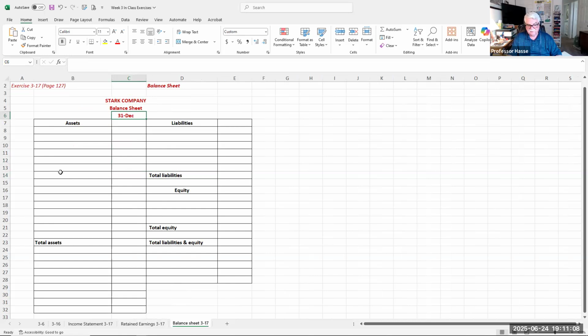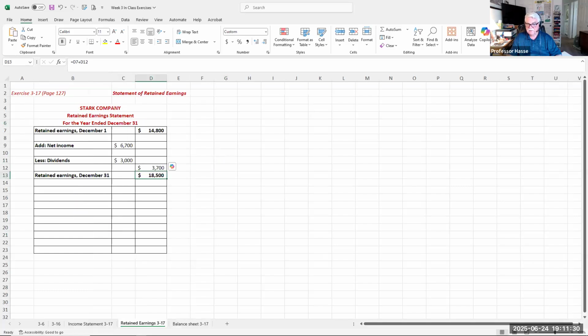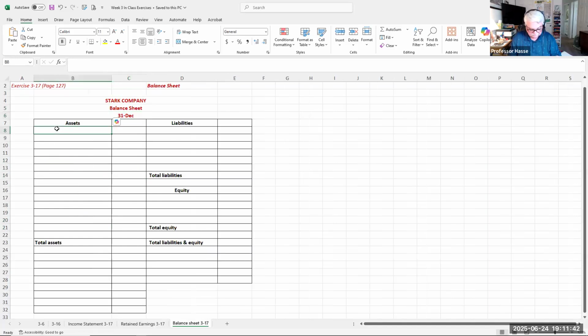Here's the balance sheet of the company, which is a statement of assets, liabilities, and equity on December 31, on that day. No period of time, on that day. Income statement for the year ended, profit $6,700. Retained earnings statement, year ended December 31st, $18,500. And now we'll do the balance sheet and we'll list the assets.